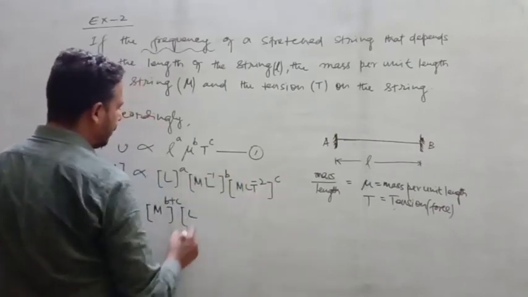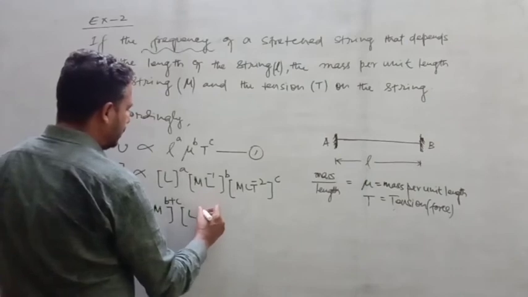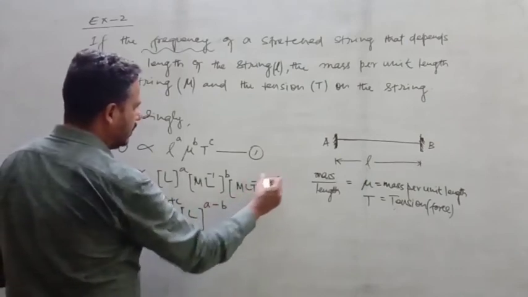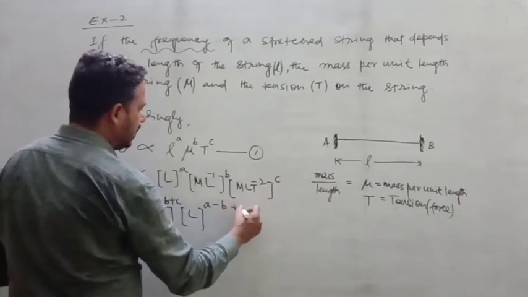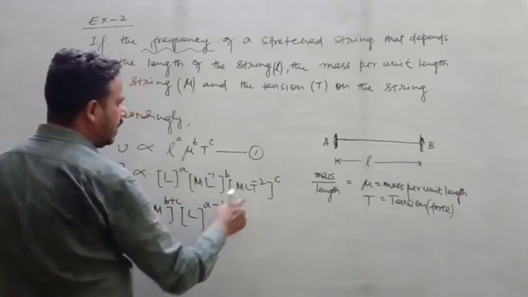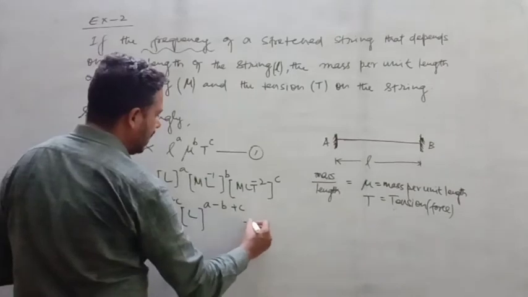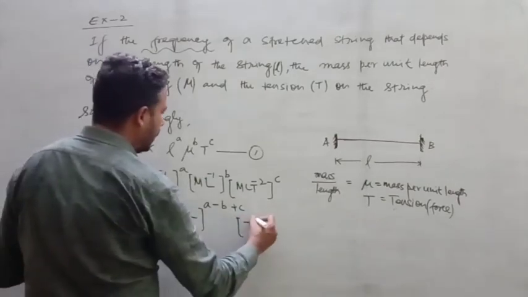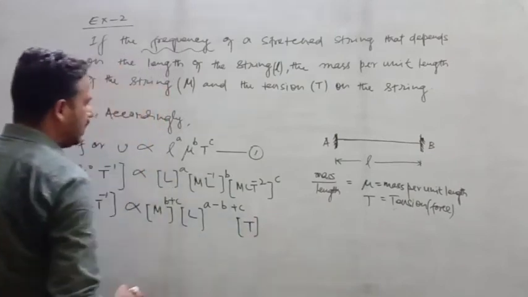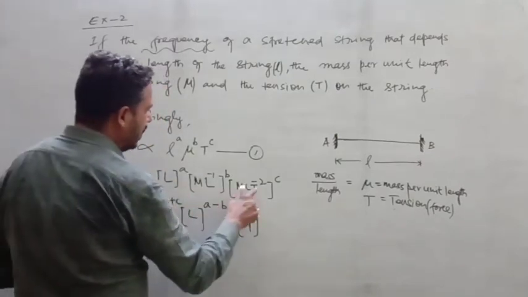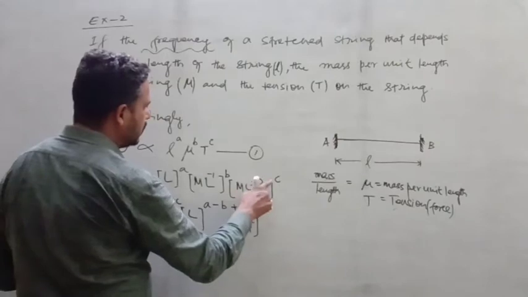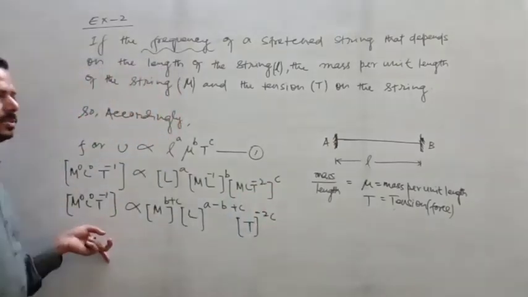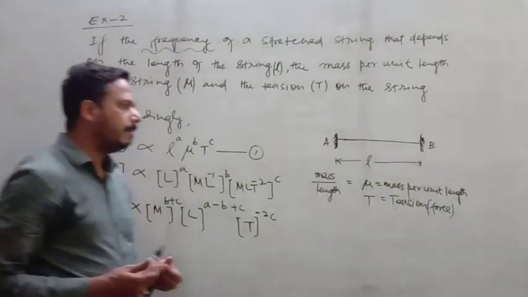So L to the power a minus b plus c. Consequently, you have left T. So T to the power how much will be there? T to the power minus 2c only.